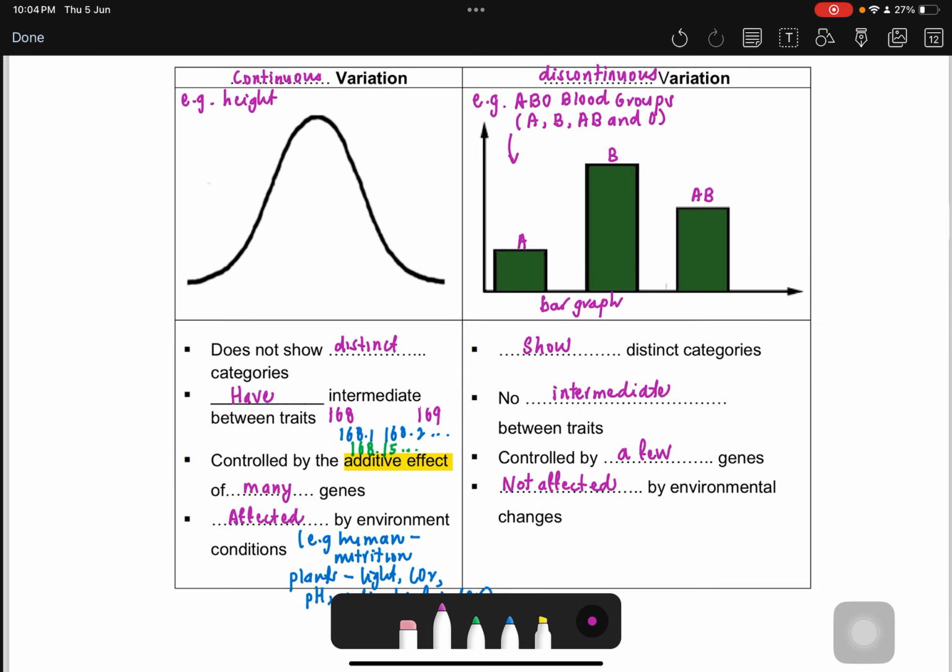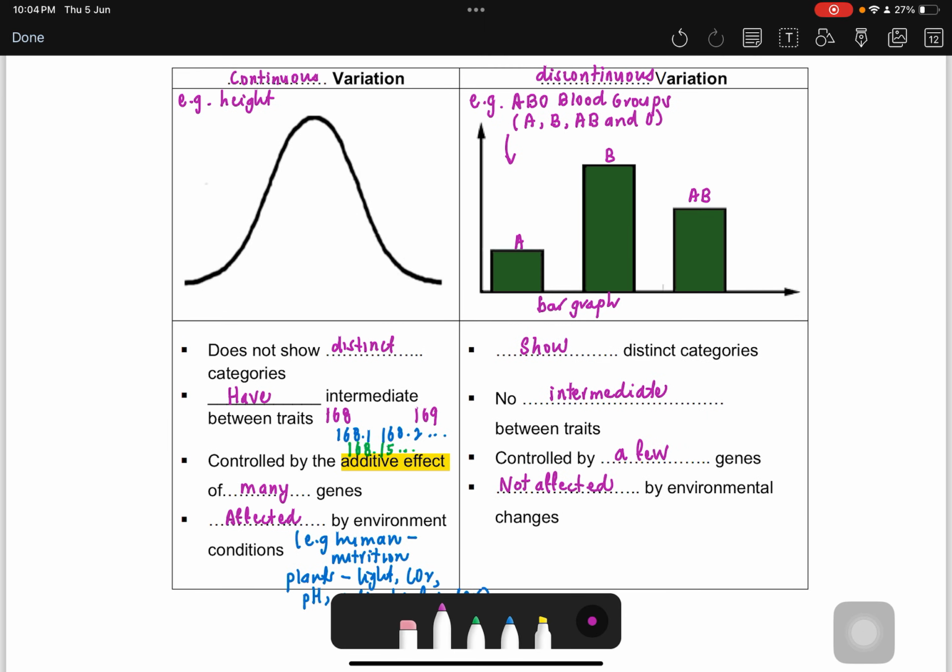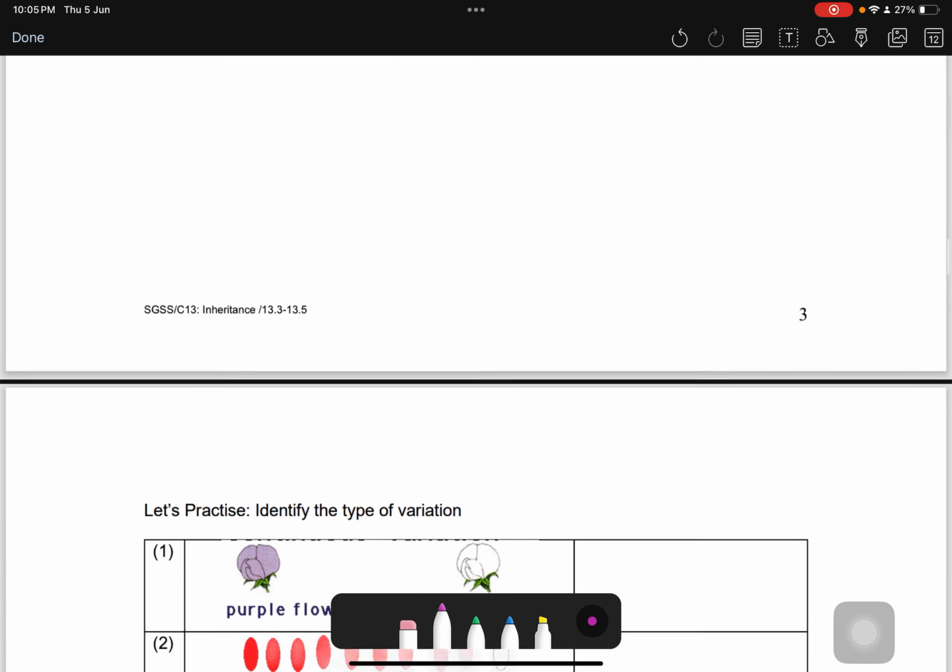So these are the 2 groups of variation that I've gone through. The best way to really understand this is to practice with the questions in the following page.